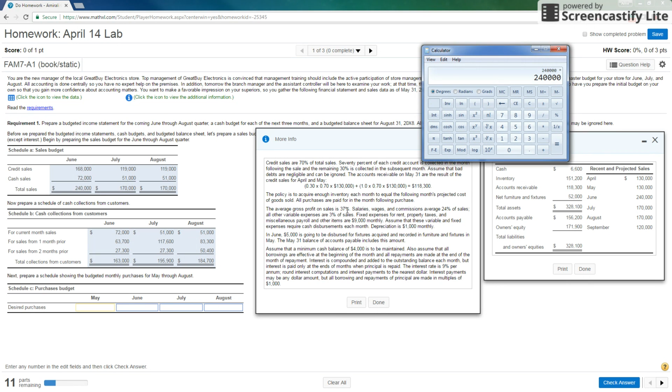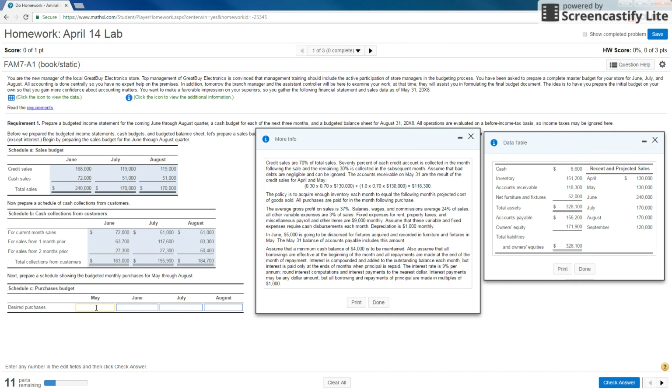So multiply that by 1 minus 37%. So I'm finding out what's the cost of the goods. It's 151,200. And we will continue it in the next video, since our 10 minutes is up.